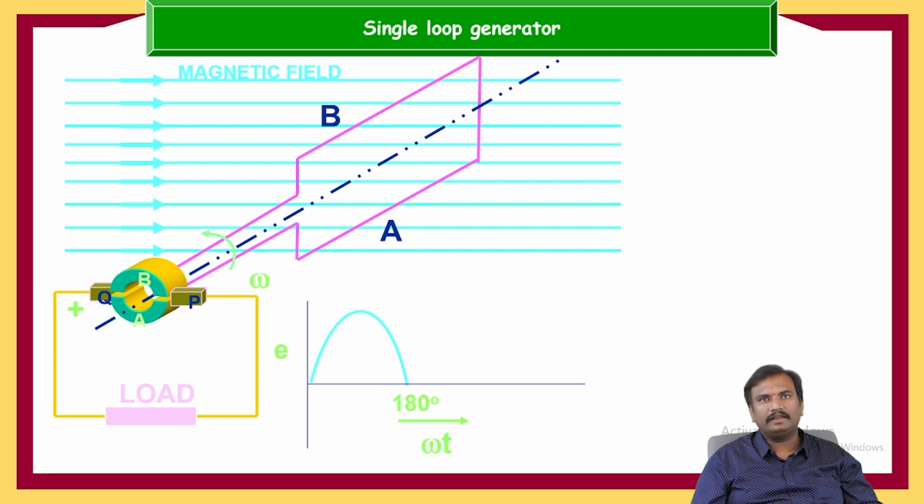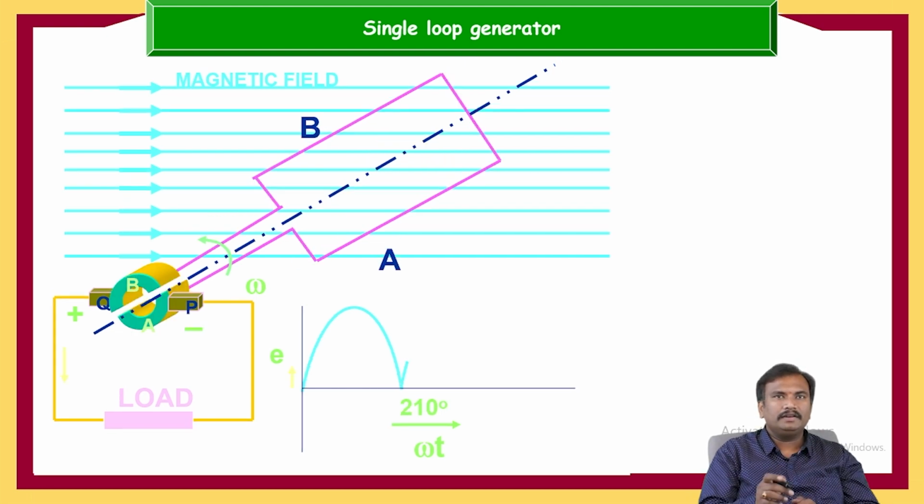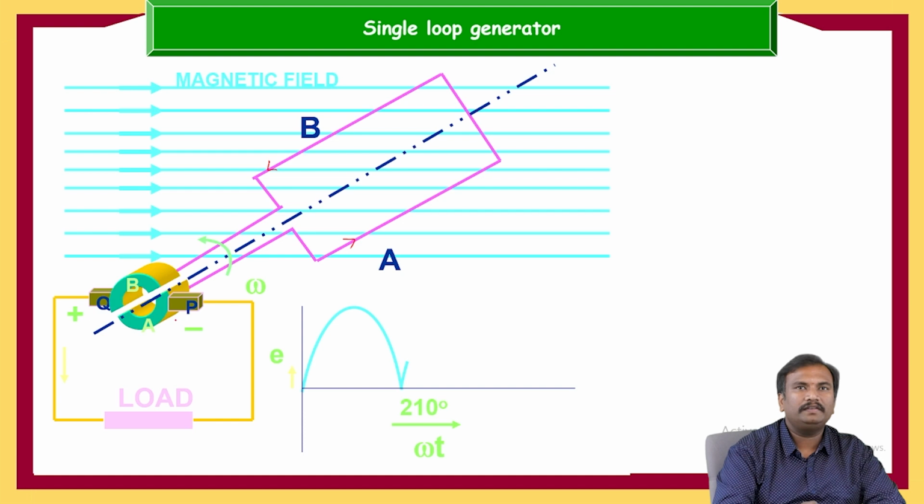When it rotates, B is connected to Q and A is connected to P. The negative voltage which is generating is, because of these slip rings connected to Q and P, converted into a positive voltage itself.